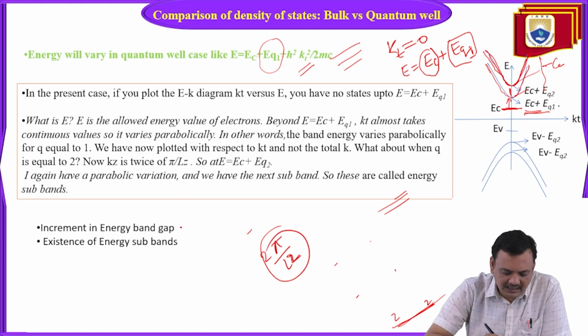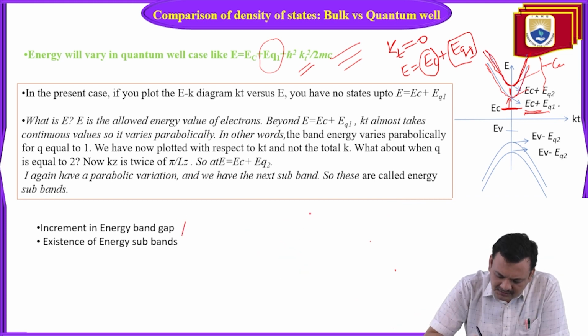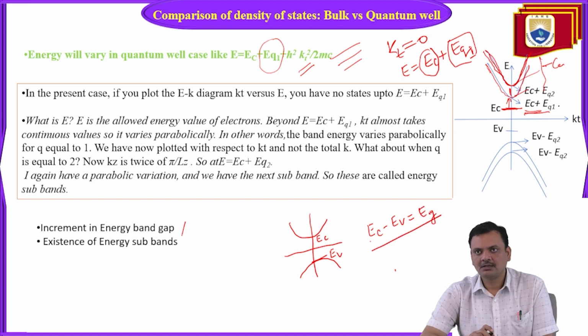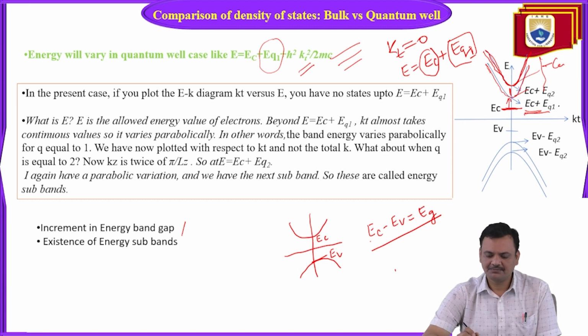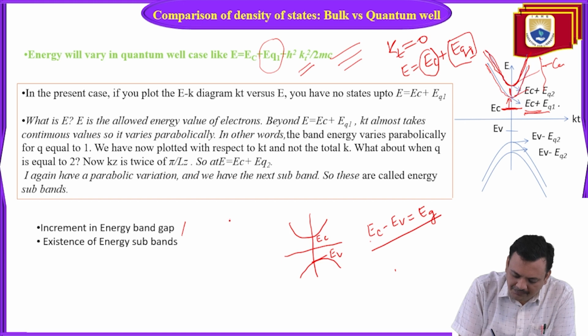First thing, some increment in energy band gap. In the bulk case, let's suppose this is your band edge energy for the conduction band, and this is the band edge energy for the valence band, then Ec minus Ev is equal to what? Eg, your energy band gap value, Eg. But in the case of quantum well, what are you getting?